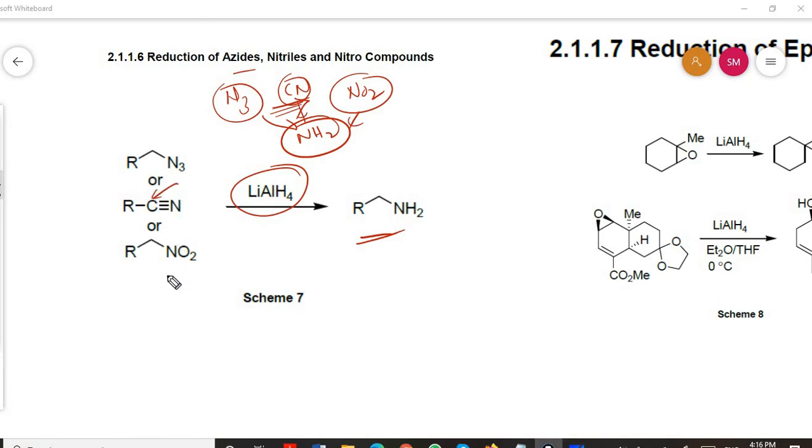Everywhere the electron deficient position is on the carbon or nitrogen, so nucleophilic addition is the main reaction that happens in all the reducing reactions of lithium aluminum hydride.